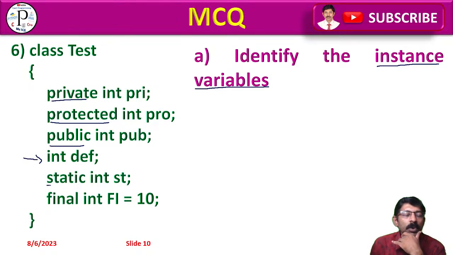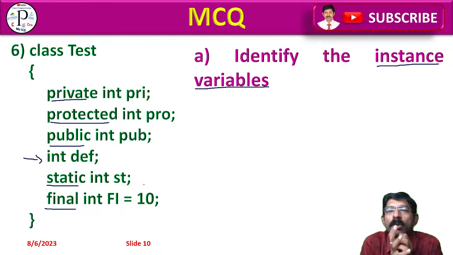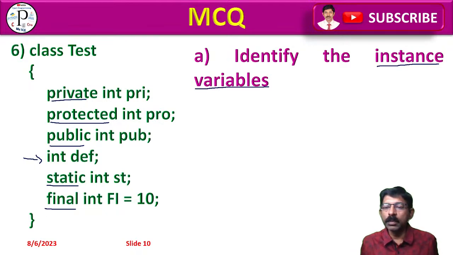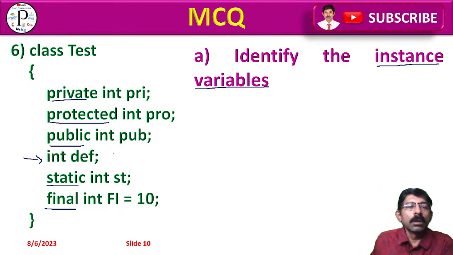Static is a modifier, final is a modifier. That is talking about instance variable. So default, we got the answer from Subhasmita. Default, private, protected, public. Let me see. Private, protected, public, default.